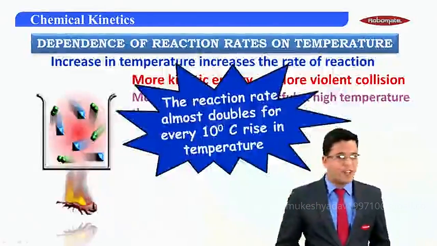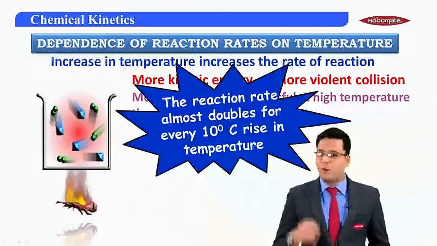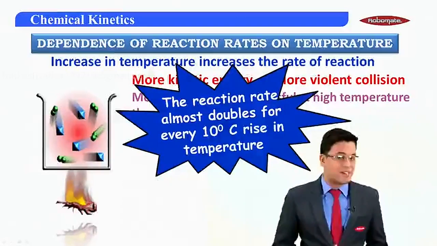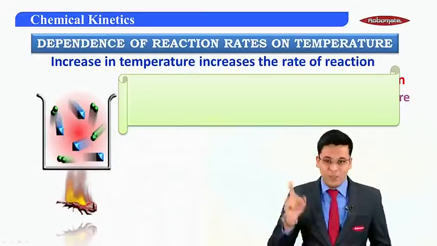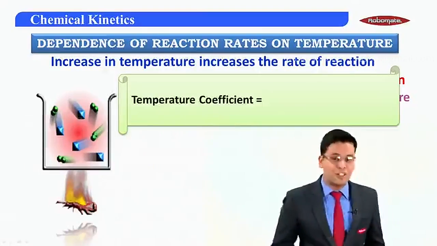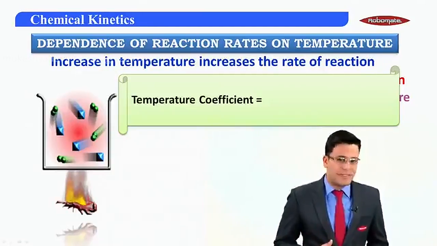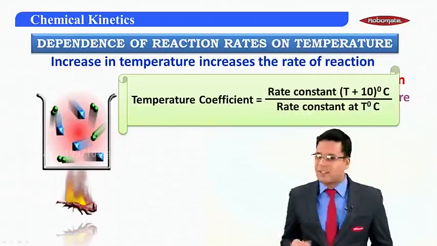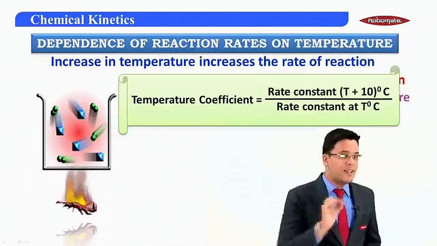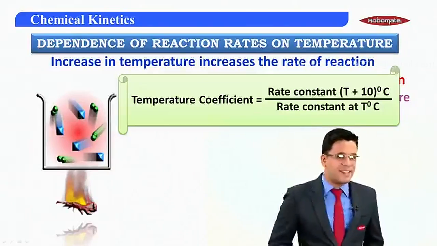In fact, if you remember, we had also discussed this thing. The reaction rate almost doubles for every 10 degrees Celsius rise in temperature. This can be explained with the help of the formula of temperature coefficient. What is the temperature coefficient? It's nothing but the ratio of the rate constant at T plus 10 degrees Celsius to the rate constant at T degrees Celsius.